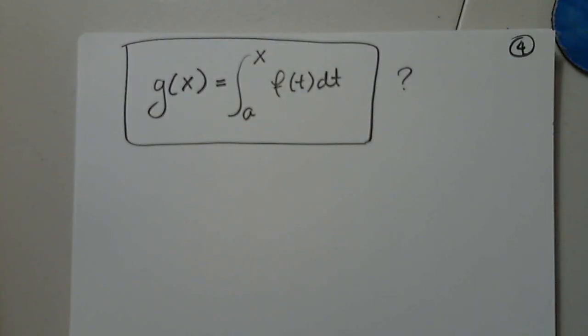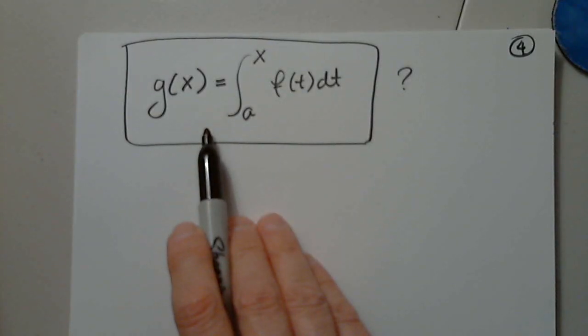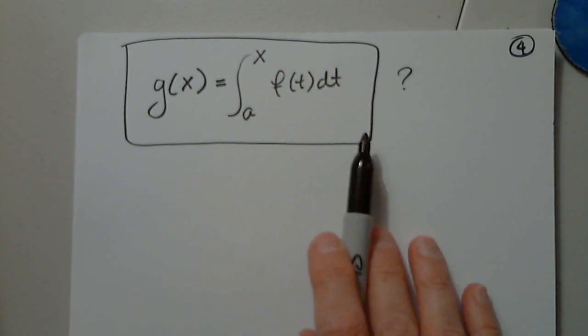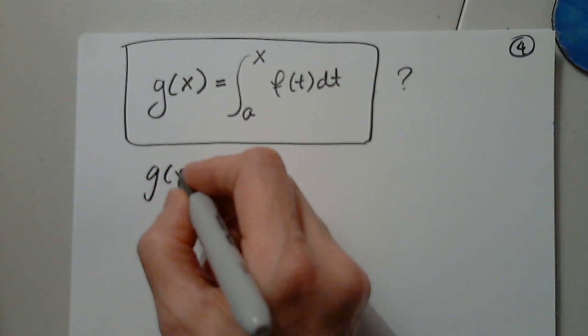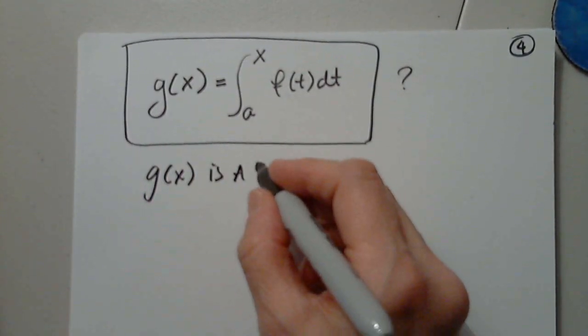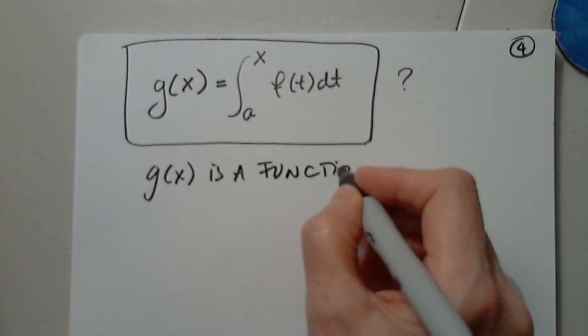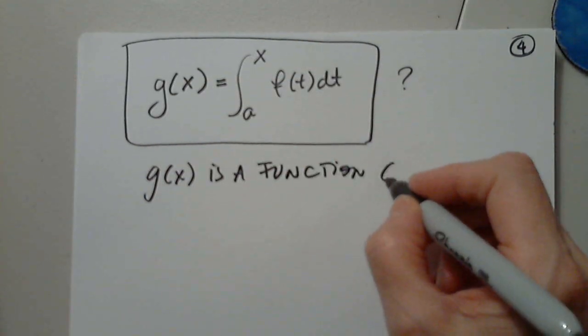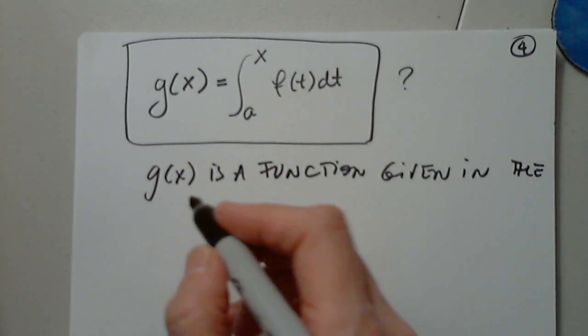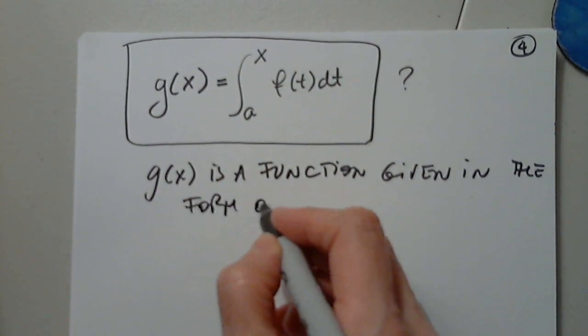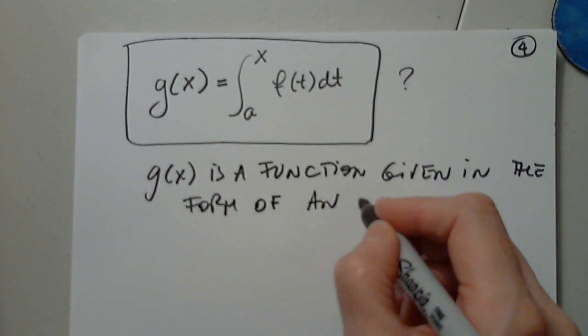Okay, so this is a function. We have never seen a function like this before. So g of x is a function given in the form of an integral.